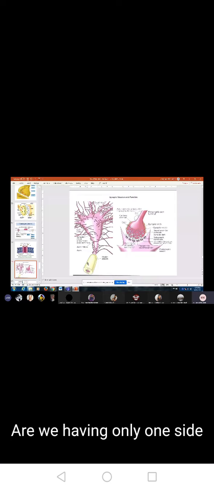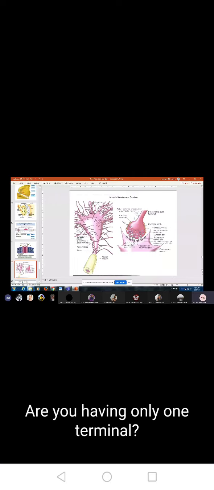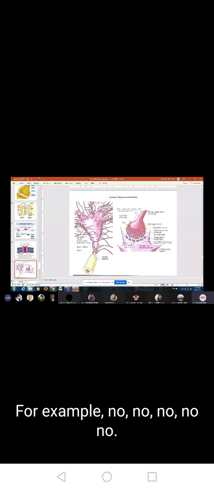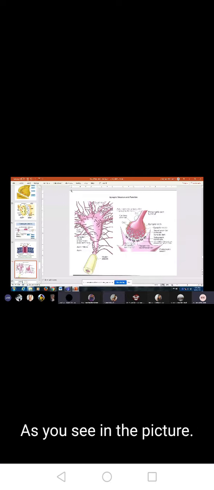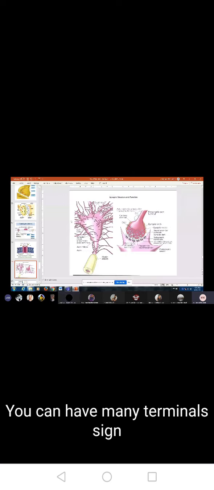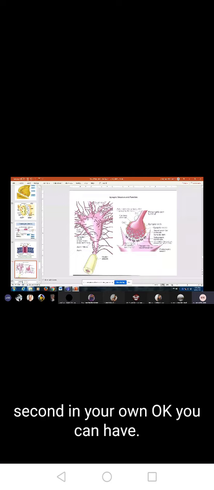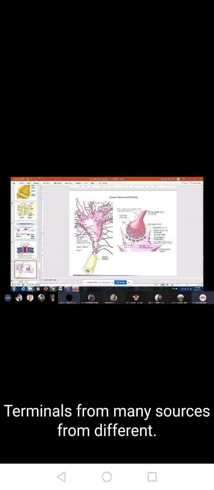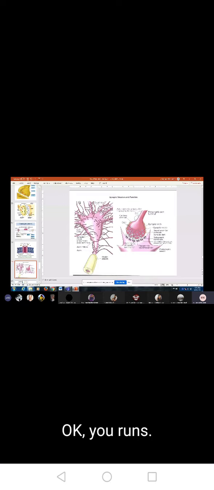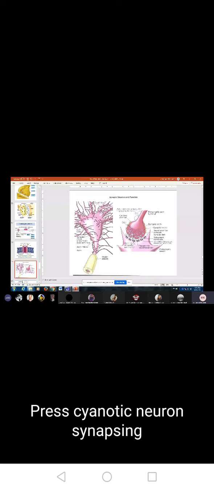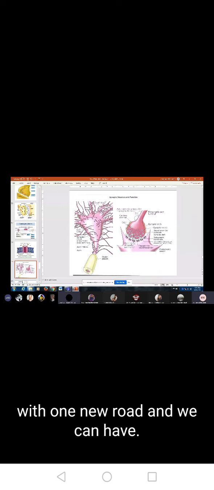Now, do we have only one synapse between two neurons? Do you have only one terminal, for example? No. As you see in the picture, you can have many terminals synapsing with the cell body of the second neuron. You can have terminals from many sources, from different presynaptic neurons synapsing with one neuron.